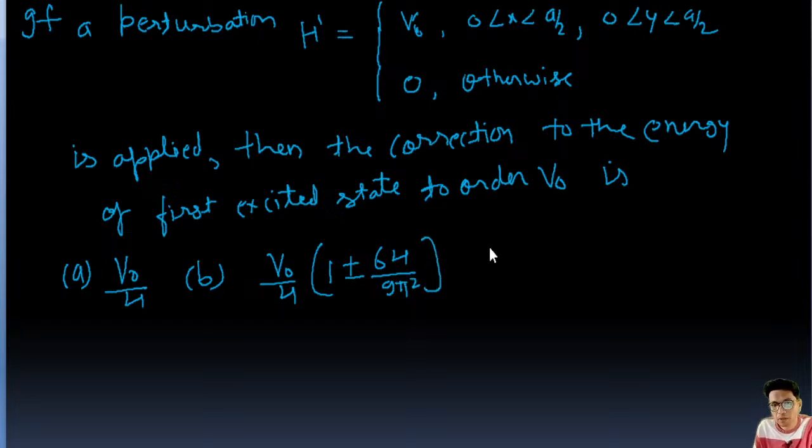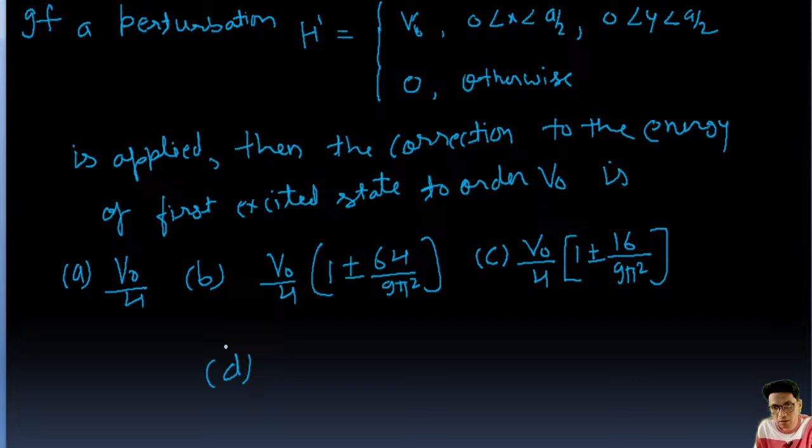Option C is V naught by 4 into 1 plus minus 16 upon 9 pi square, and option D is V naught by 4 into 1 plus minus 32 upon 9 pi square.